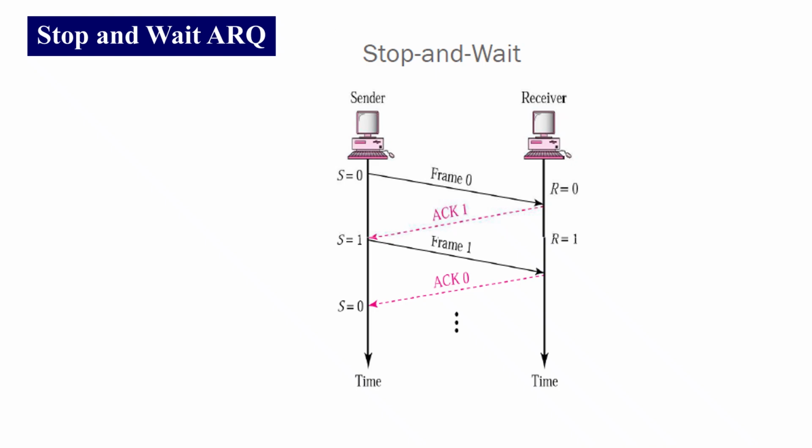And finally, the sending device uses a timer. If an expected acknowledgement does not arrive within a specific time limit, the sender assumes the frame was lost in transit and sends it again.